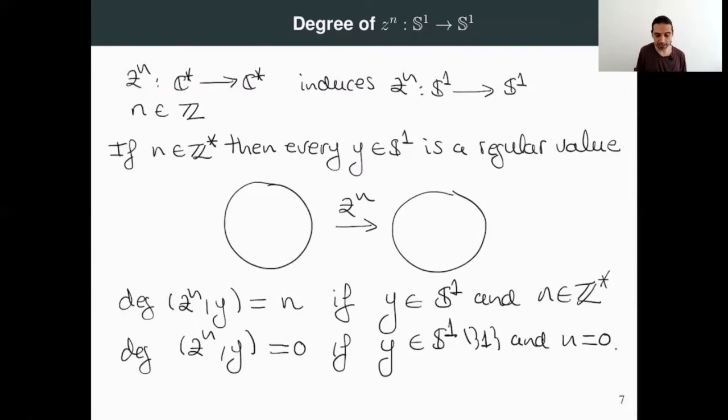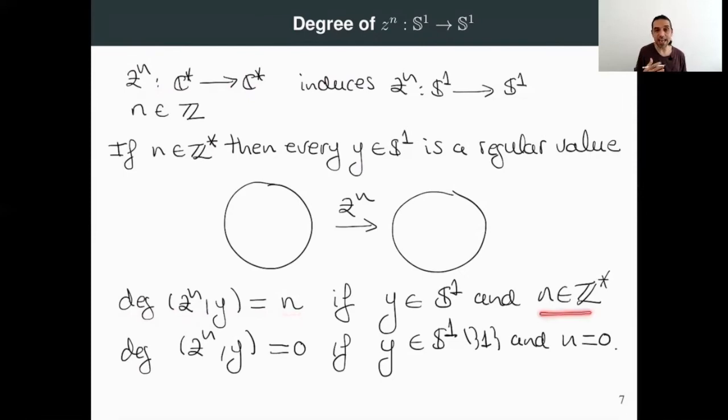So if we calculate the degree of c to the n at a point y, for n different from 0, if n is positive, then every point in the image has n preimages, and since we are in the orientation preserving case, all of these preimages are of positive type. So the degree is going to be n times 1, in other words, n.